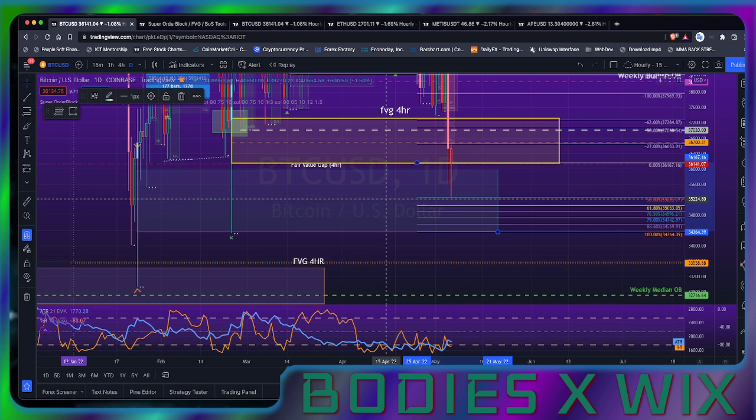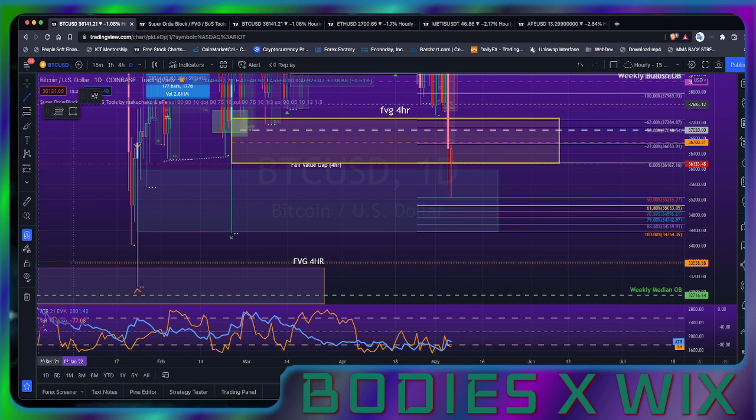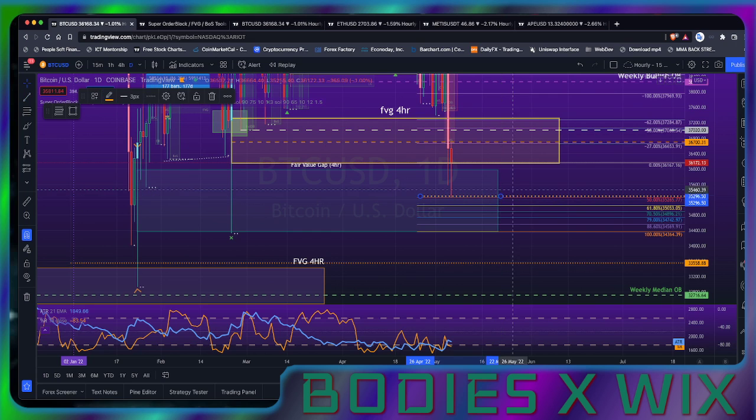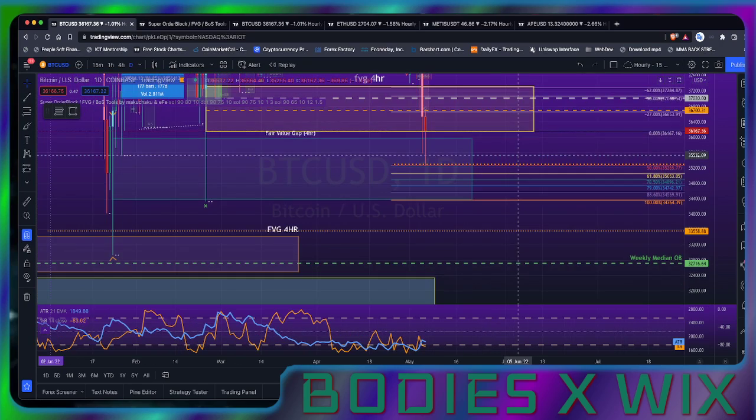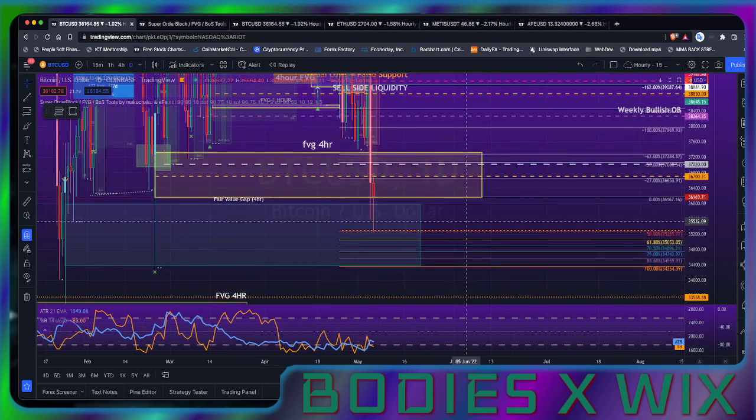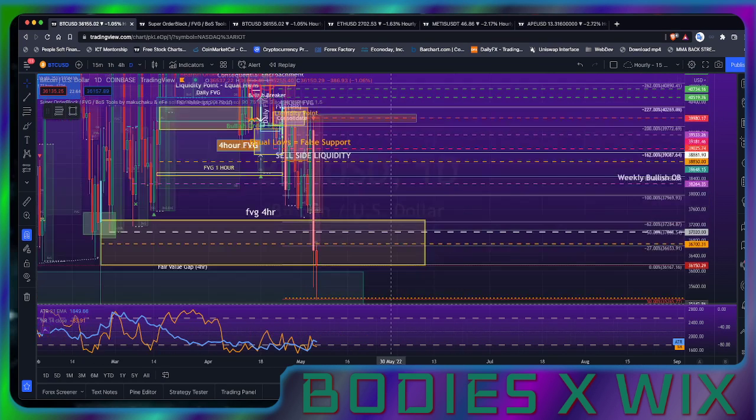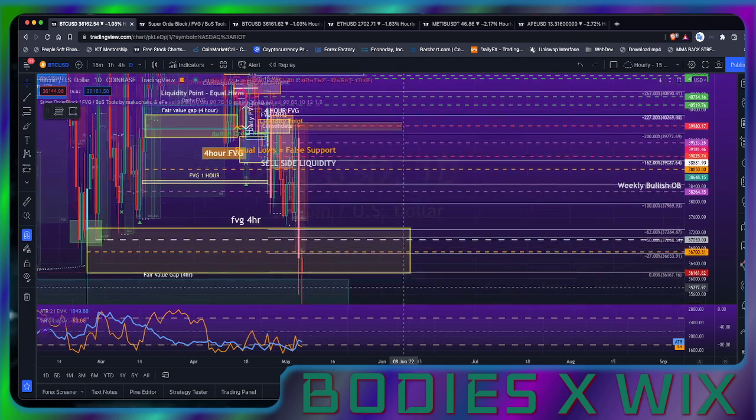So that would be considered the consequential encroachment, that 50% line. And that's about exact where I would think it would hit, right? Especially if we're going to continue being bullish. Yes, it might drop into these gaps still, but they're not going to get lower than any of the previous lows.